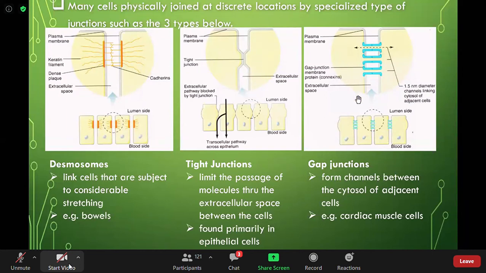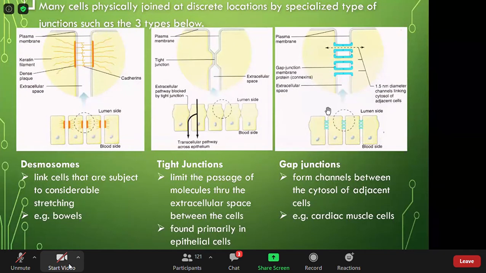Then you have your gap junctions. They form channels between the cytosol of the adjacent cells, such as your cardiac muscles.